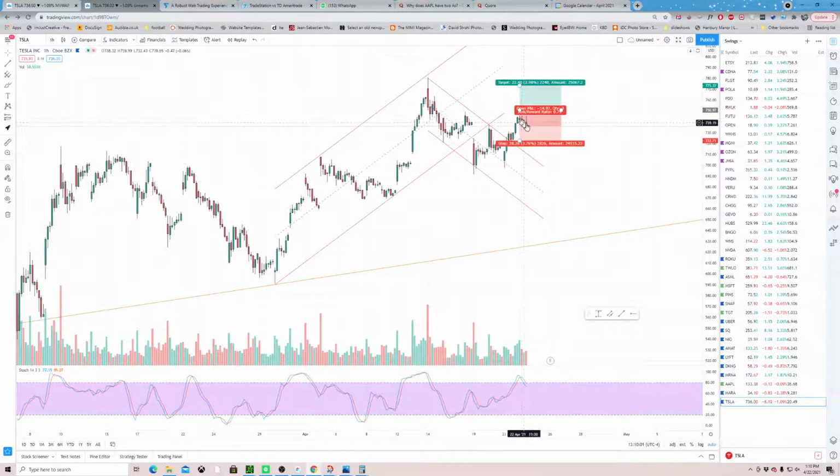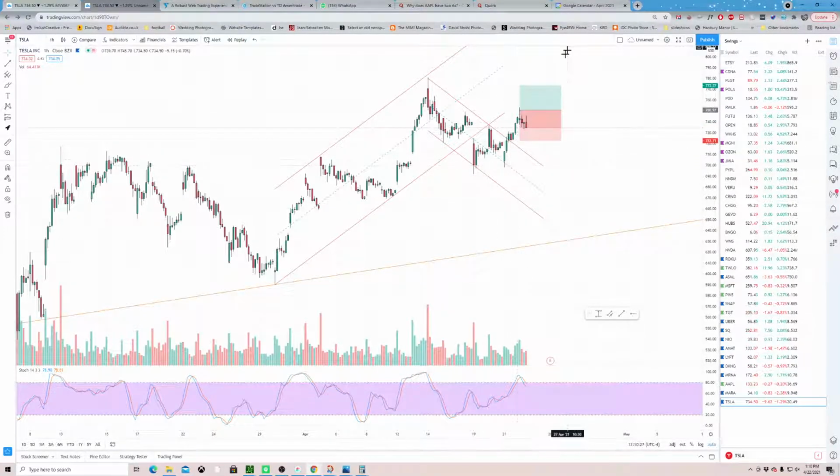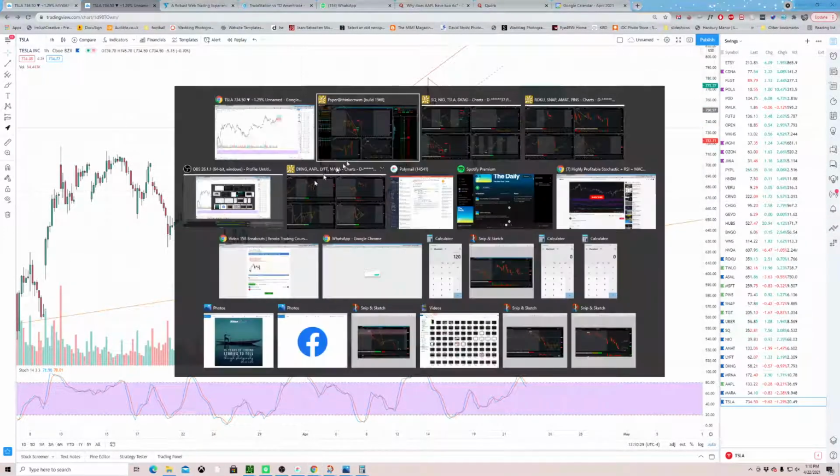This is the run and then a pullback, so I don't expect Tesla to go any higher for a while, only because this run was very strong. Maybe it will go into a trading range for a bit, like it did over here, or I'm expecting something like this, but it did this move already, and maybe this is just setting up for a really big move. So we'll just wait for that.